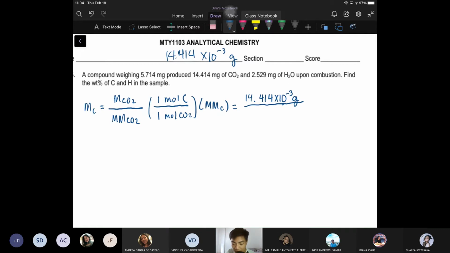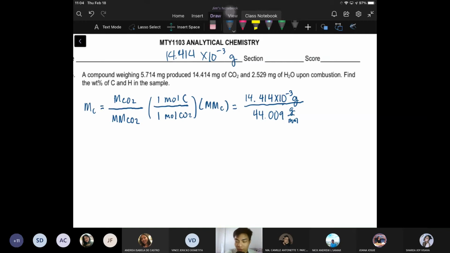Okay, so anyway, molar mass ng carbon dioxide. That will be 44.009. Nilista ko na yung mga molar mass kasi dito. Okay. So 12.011 for carbon, 15.999 for oxygen times 2.